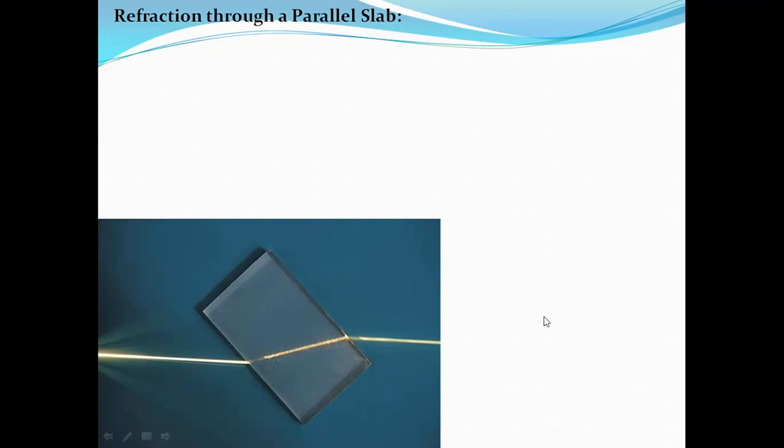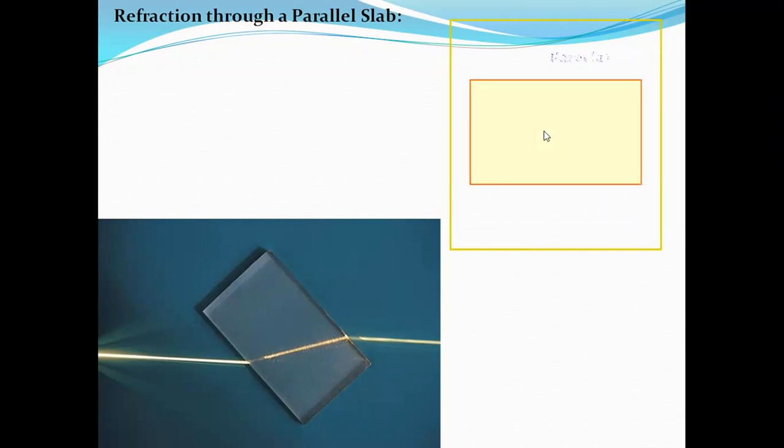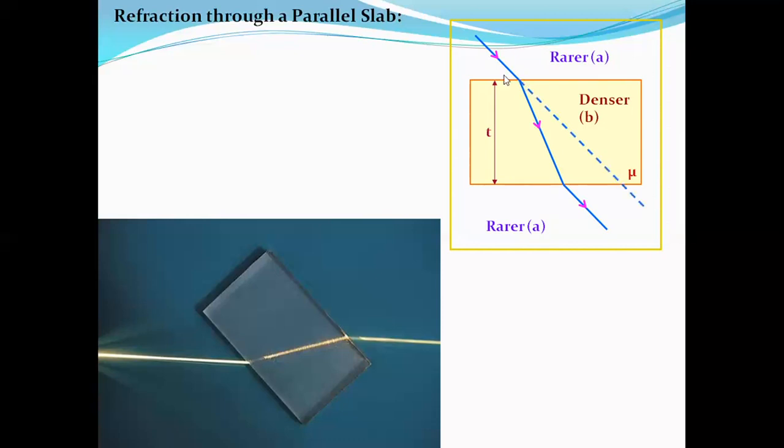Here I also show the ray diagram, and I consider there is a rare medium and a denser medium, the rare medium considered A and the denser medium considered B, and the thickness of the parallel slab is T. When an incident ray comes, it bends, and again it bends, and if there were no medium, then the light would go in a straight line.